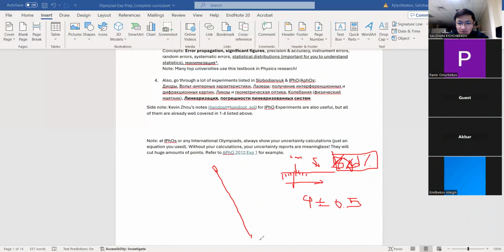For the period, you can use the Poisson distribution, Gaussian distribution, which says that as you increase the number of measurements, your uncertainty decreases as the square root. That's from the Gaussians. I will show you tomorrow the exact math of that, but it will be very clear.